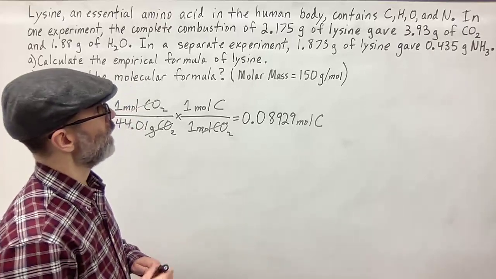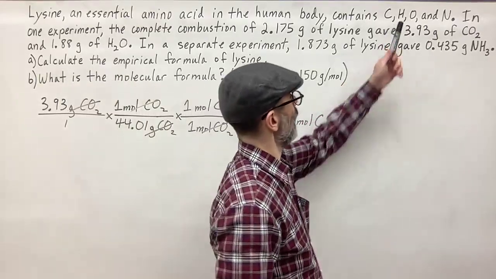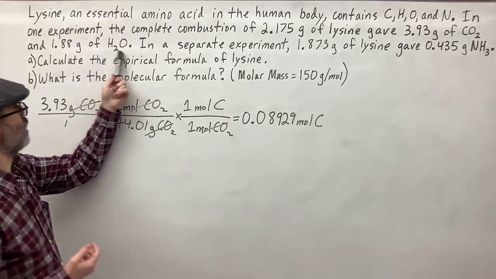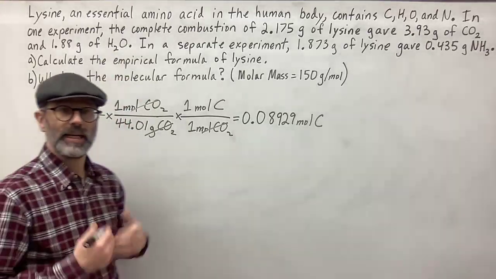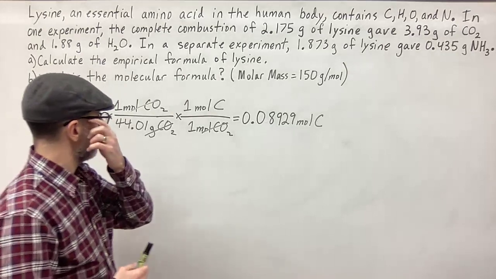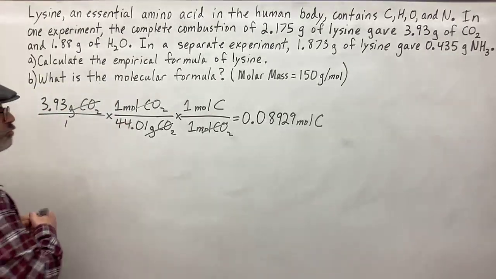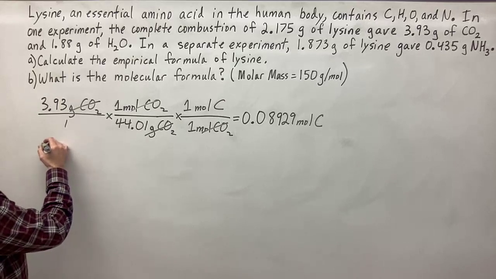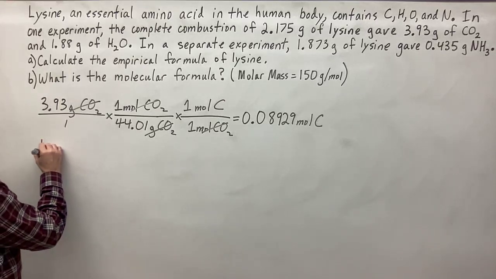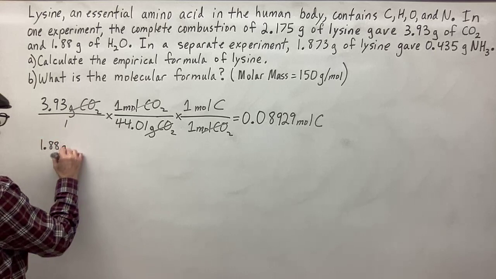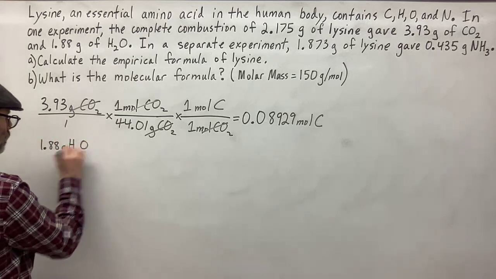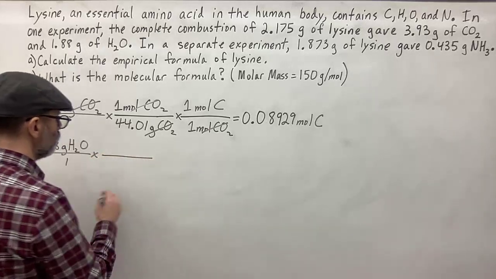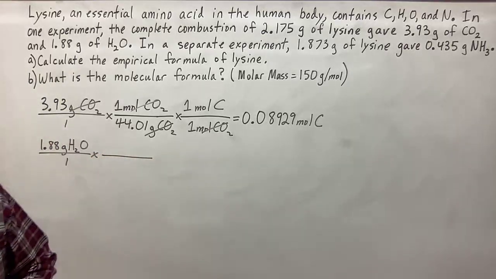Since my substance has hydrogen in it, all of the hydrogen that ends up in the water came from my substance. So I'm going to convert that to moles of hydrogen. I take 1.88 grams of water and use the molar mass of water, which is 18.02.